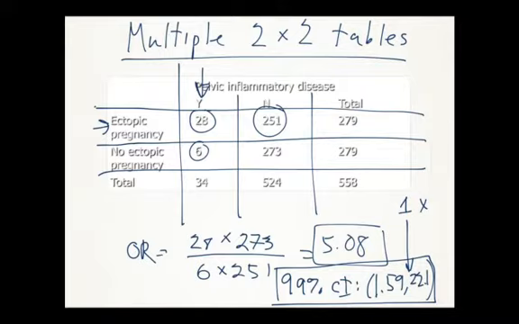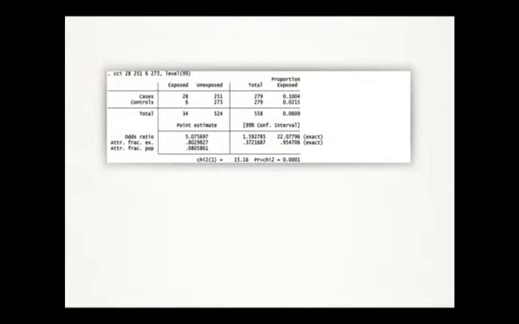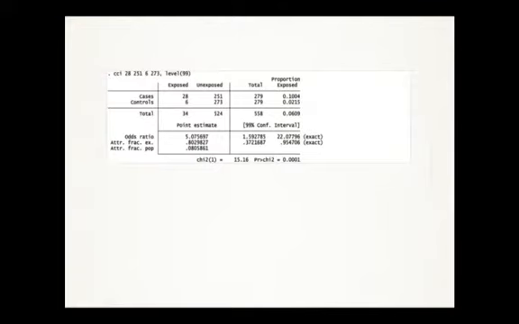Okay, so what does that look like in Stata? We can take a look. So we just enter those numbers that we had there with this command, CCI. Here we've asked for a 99% confidence interval, and you can see it tells us the cases and the controls, the exposed and unexposed, and then it gives us the odds ratio down here.